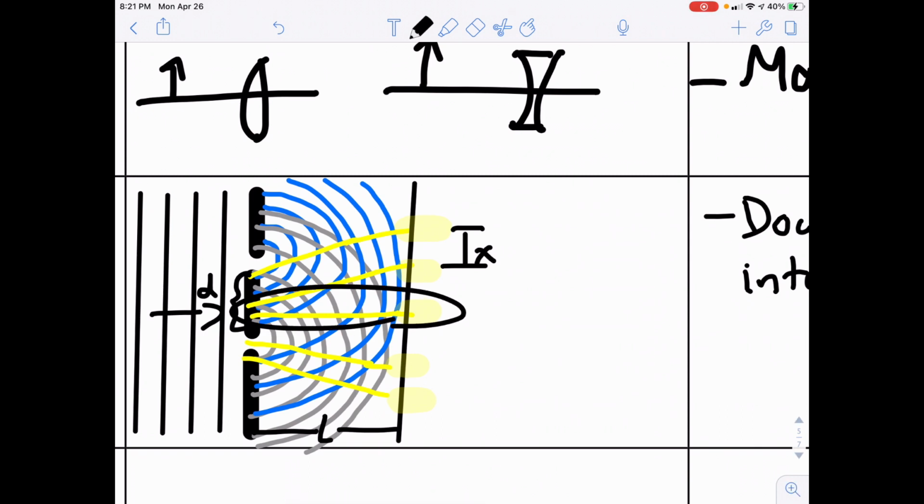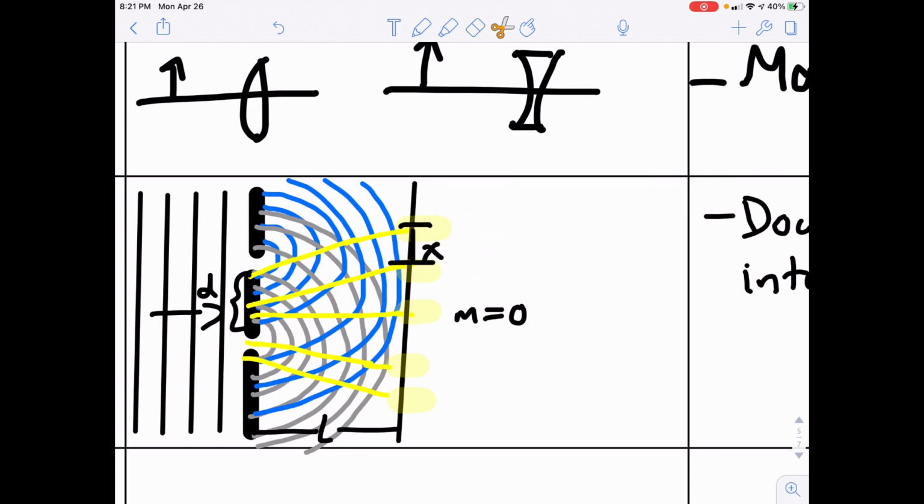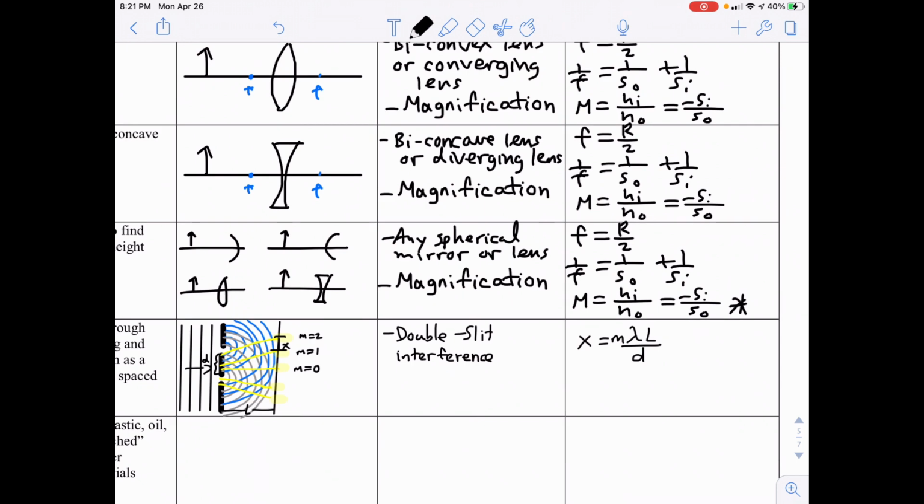So M equals 0 would be for the central bright fringe. M equals 1 would be for the next one. M equals 2 would be for the next one. M equals 3, and so on. It's increasing integer multiples.